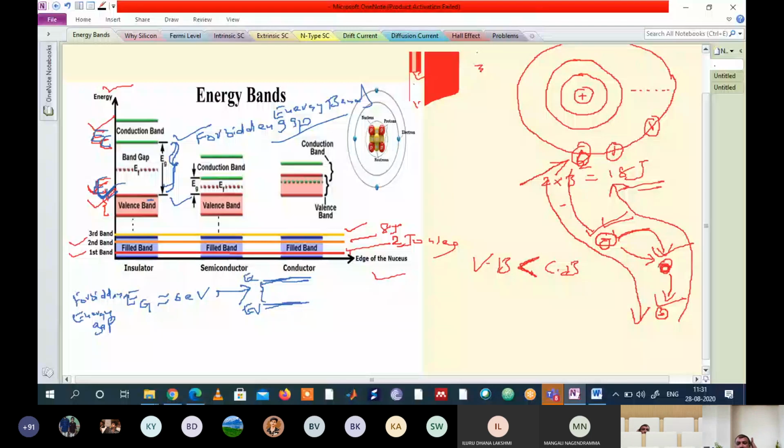If it is equal to 6 electron volts, then in electronics, there is no electron which will jump from valency band to conduction band, right?